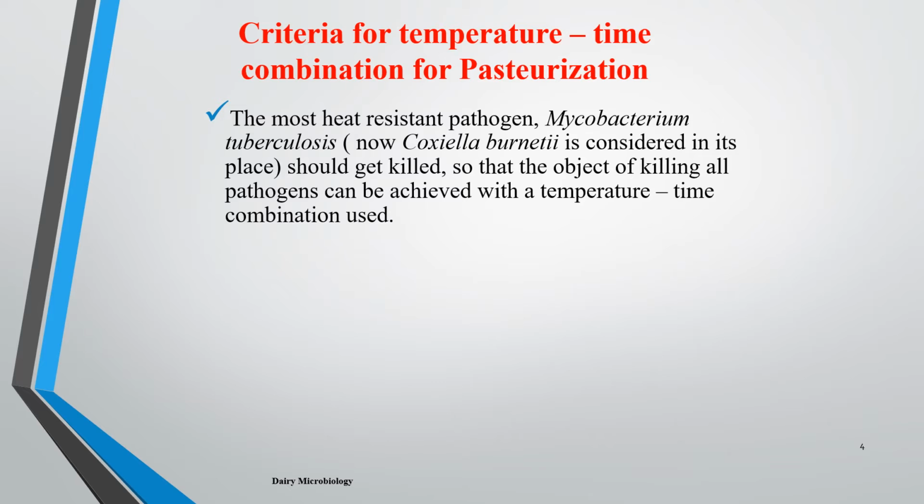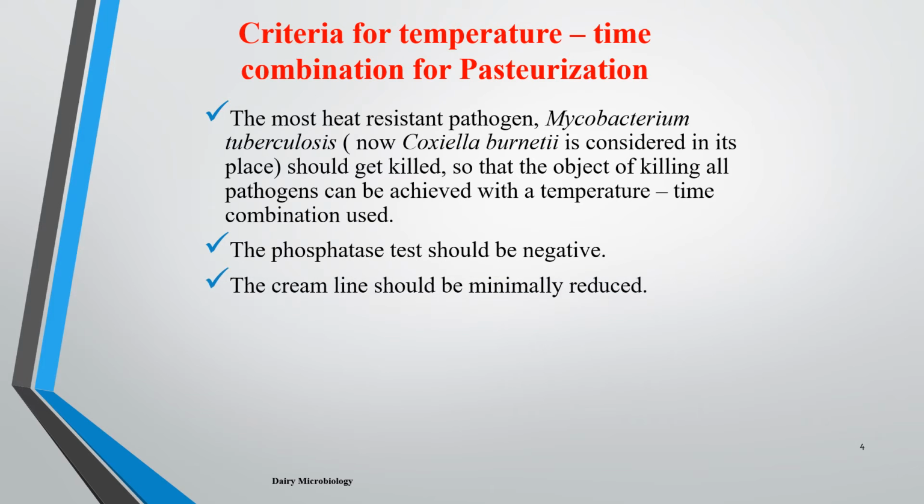Killing of this heat resistant pathogen indicates that all other pathogens will be killed, as other pathogens are sensitive to the heat. The second criterion is that the phosphatase test should be negative.